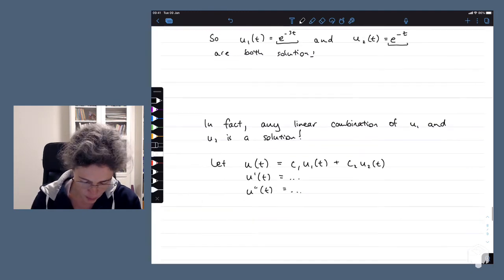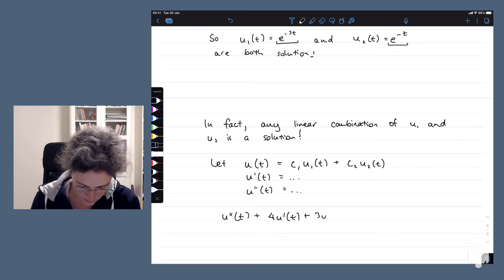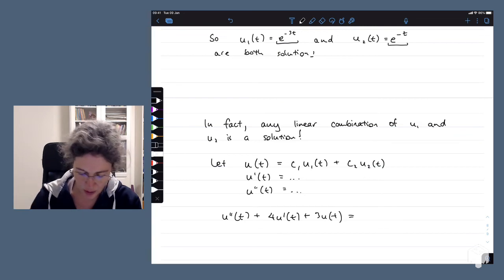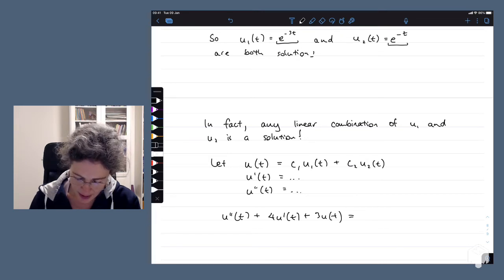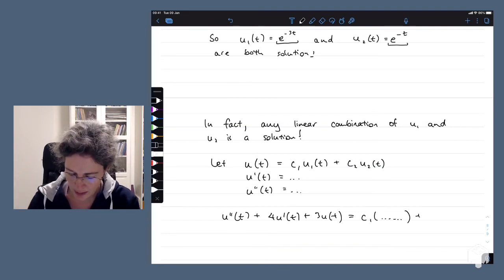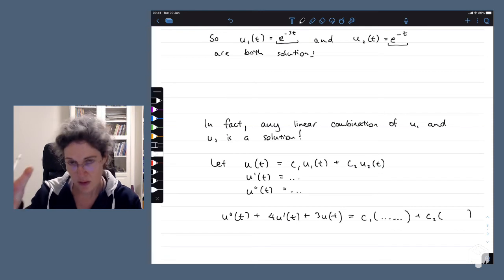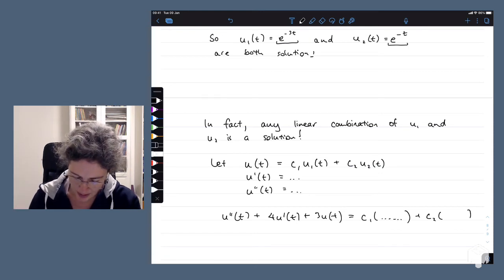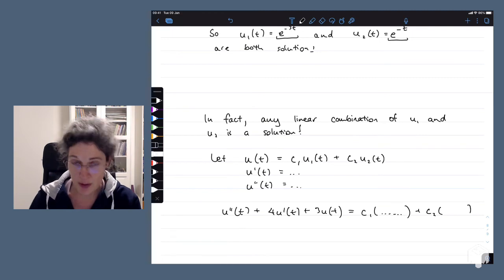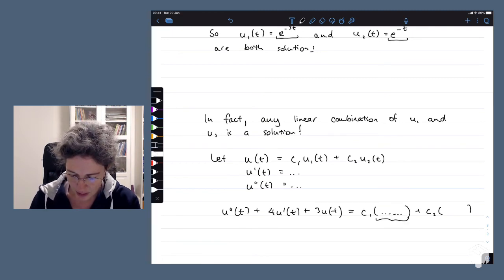Plug it back into the differential equation, and what you'll find is that with our new linear combination u of t, you get something like c1 times u1 in the form of the original differential equation plus c2 times u2 in the form of the original differential equation. You'll see what I mean if you work it out, and you're going to find that this term is equal to 0, this term is equal to 0, so the whole thing is equal to 0.